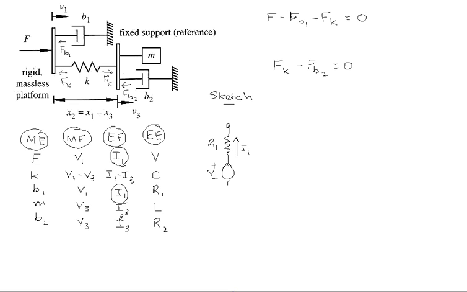We next consider the elements associated with current I3, and we find that there is an inductor L and a second resistor R2. Hence, we can draw that part of the circuit as such: current I3 flowing past L and R2.